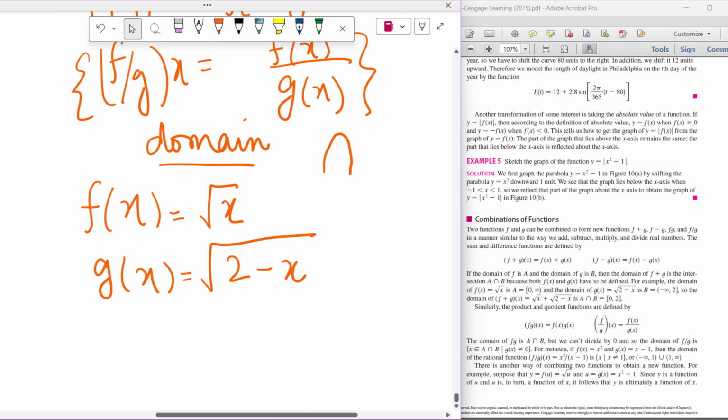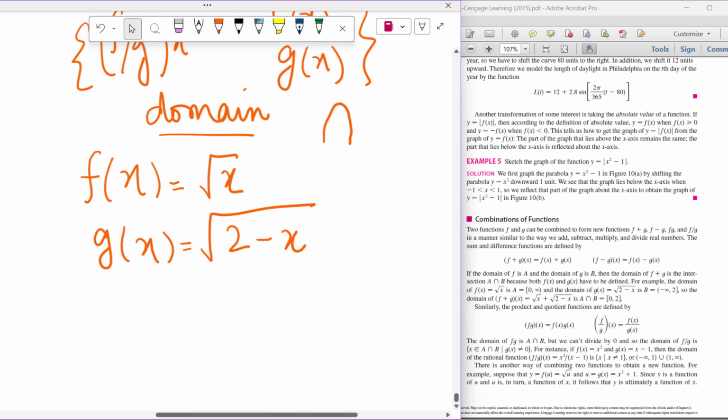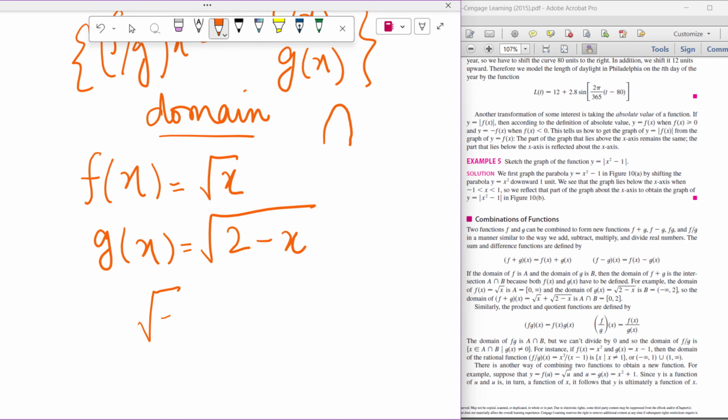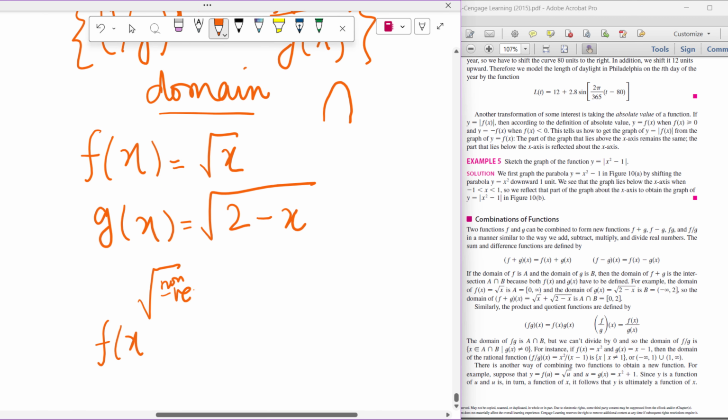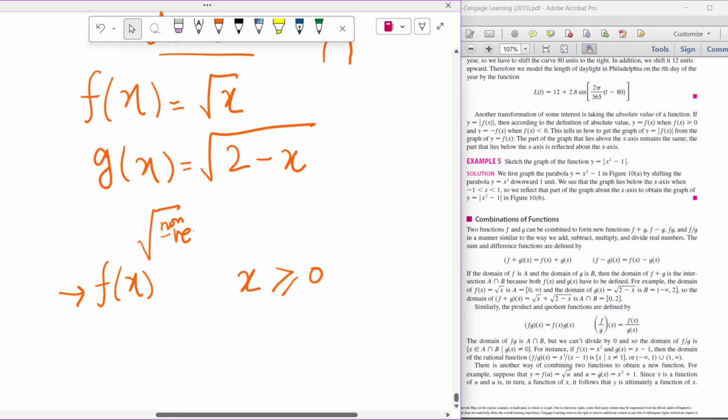Let's find the domain of function f of x. Because it is a radical sign, whatever is inside the radical should be a non-negative number. So for this function f of x, x should be greater than or equal to 0, because it should be a real number.